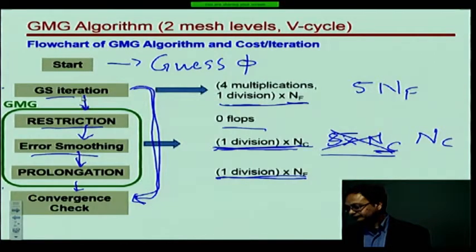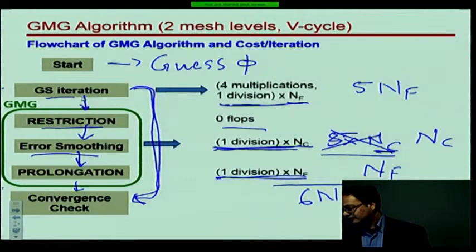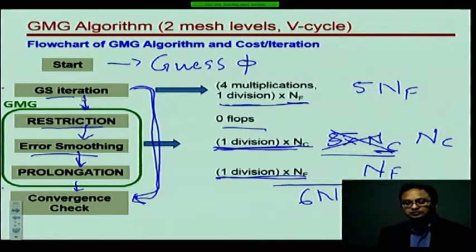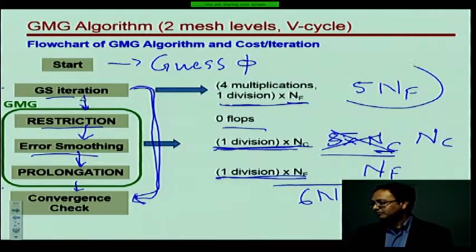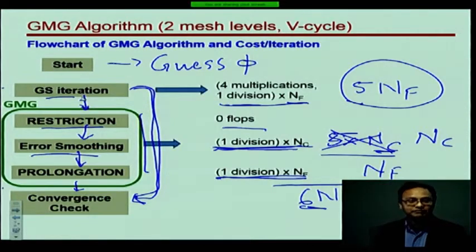So we have basically 6 NF plus NC. The NC is really negligible compared to the NF. So really what has happened is, if you did straight Gauss-Seidel, you would have that many operations. With the multigrid, you have added 1 more NF. So if you come to think of it, that's about 20 to 25% more operations.